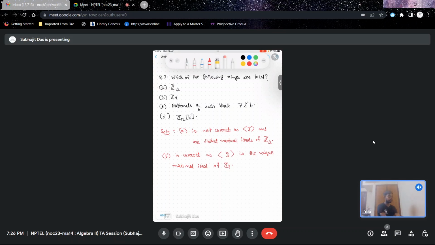The ideal generated by class of 4 is clearly not maximal.